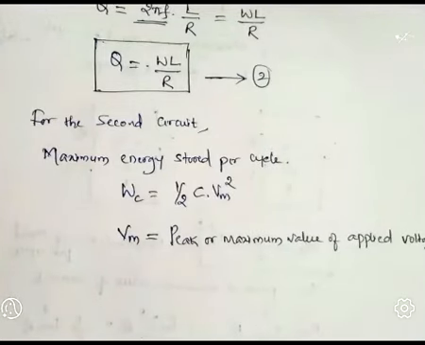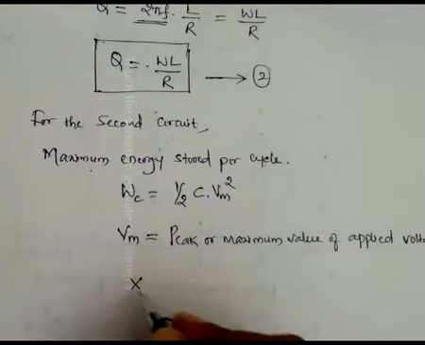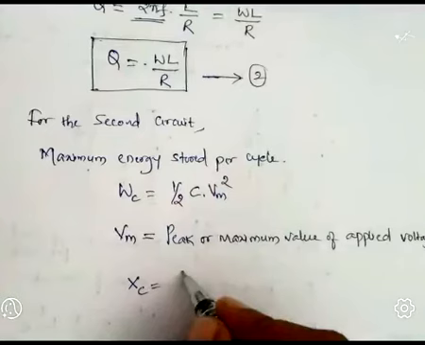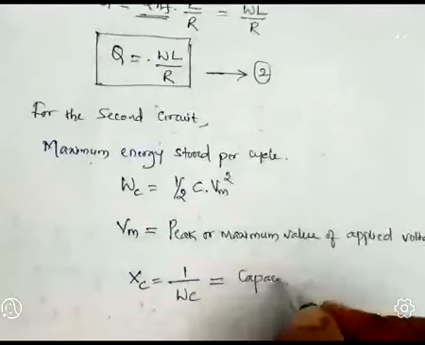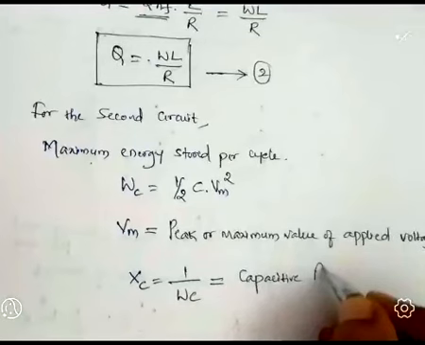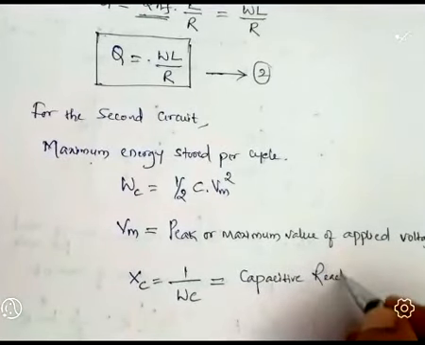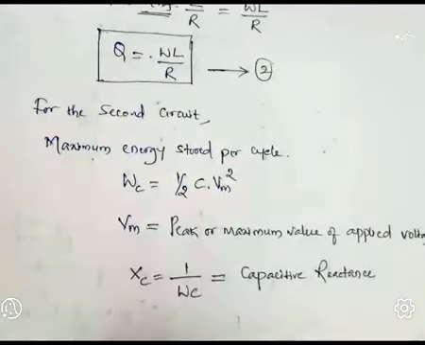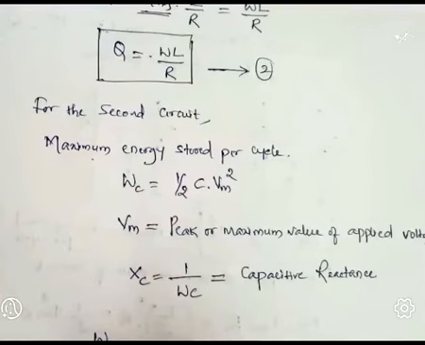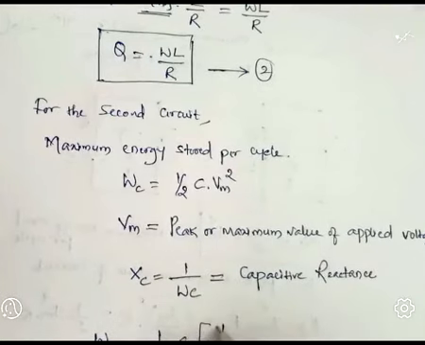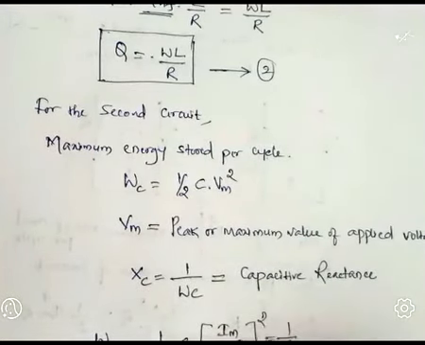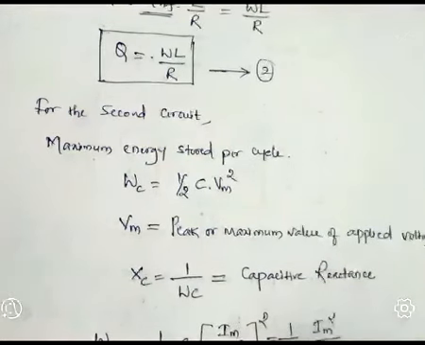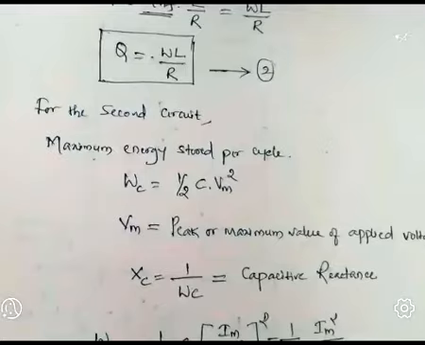One more parameter I'm going to write: Xc, the capacitive reactance, is equal to 1 divided by omega C. Now the equation becomes Wc equal to 1 by 2 C into Im divided by omega C, whole square, which simplifies to 1 by 2 Im square divided by omega square C. This is a simple mathematical simplification.